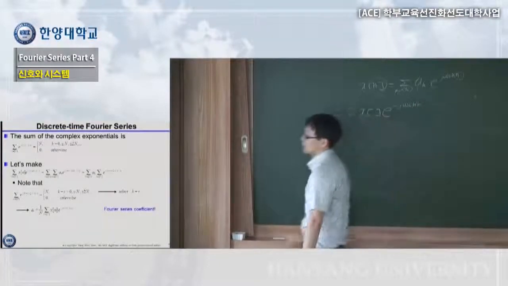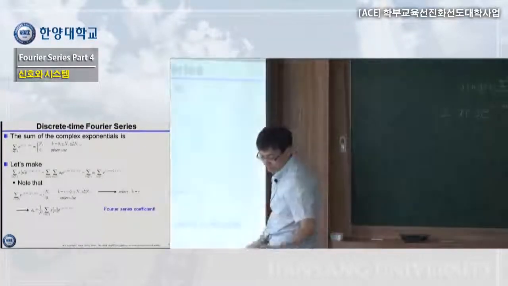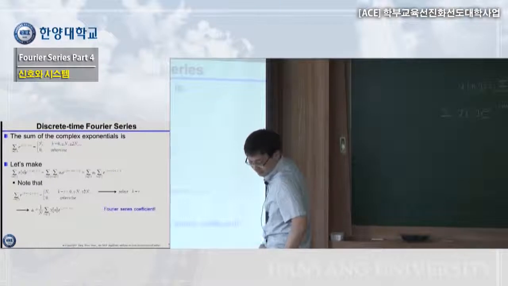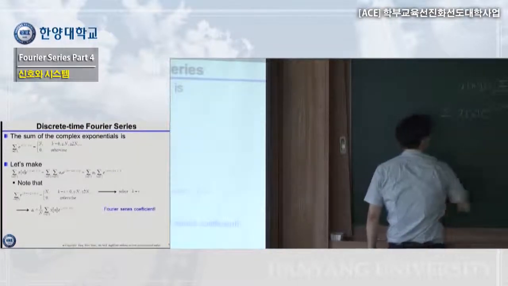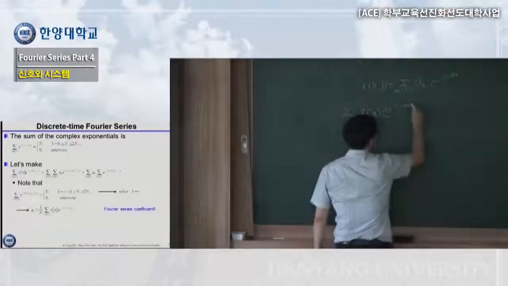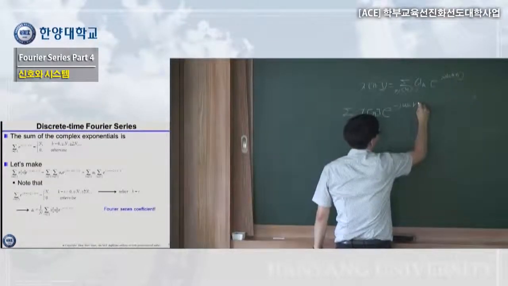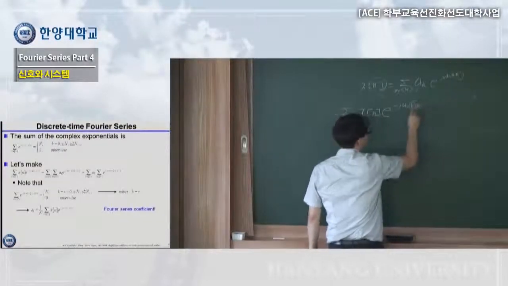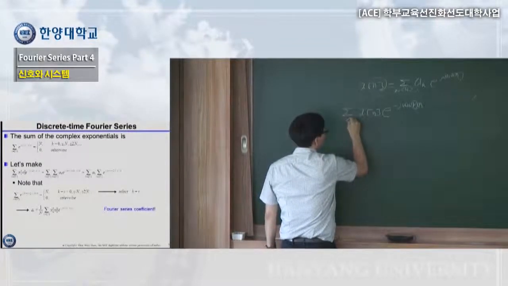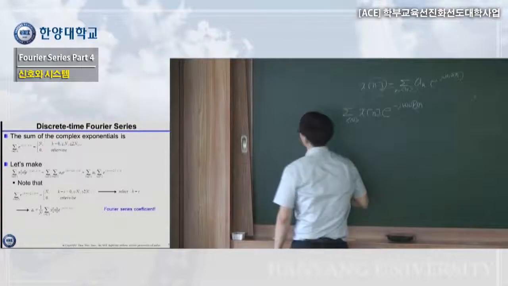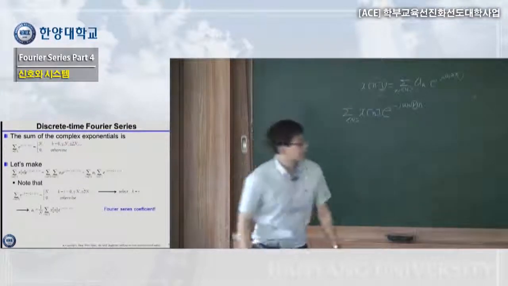Instead of k, we are looking for k, so let's put r instead and have a period of n. So we are here.